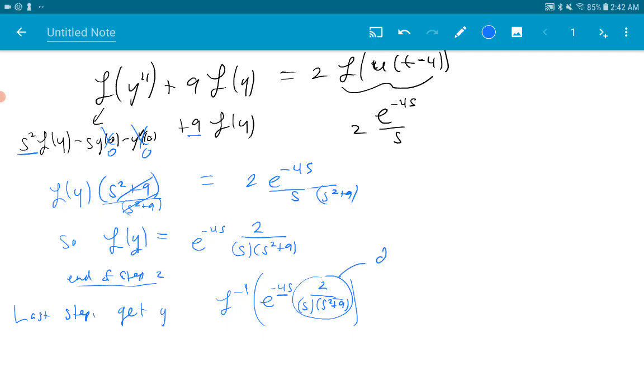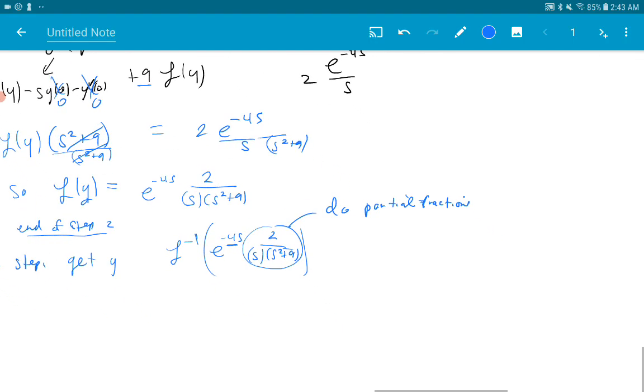So we have to do partial fractions on this fraction. It's probably the most annoying part of all these problems. Let's try to do it quickly. We've got 2 over s times s squared plus 9. That'll have to equal, by the way, you can't factor s squared plus 9, so it'll have to equal a over s plus something over s squared plus 9.